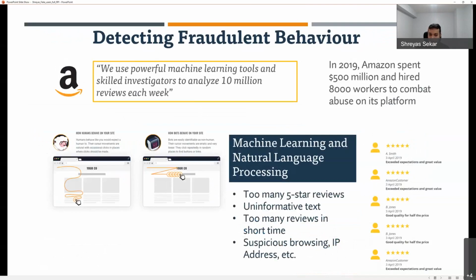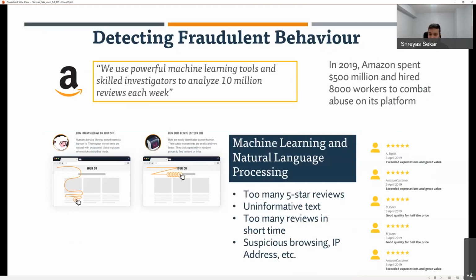So in Amazon's case, for example, in addition to spending thousands of millions of dollars and hiring people to manually look at these reviews, the majority of their tactics fall under one of two categories. One is they use behavioral analysis to separate bots from real users. This can be based on your click patterns. This can be based on how frequently you log in, your IP address, and so on.